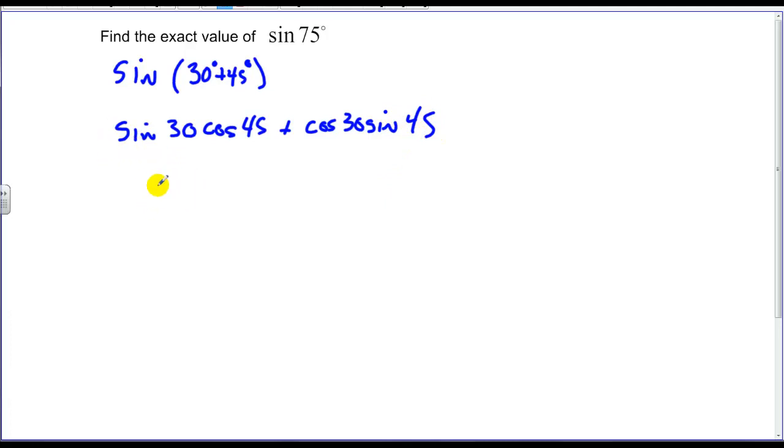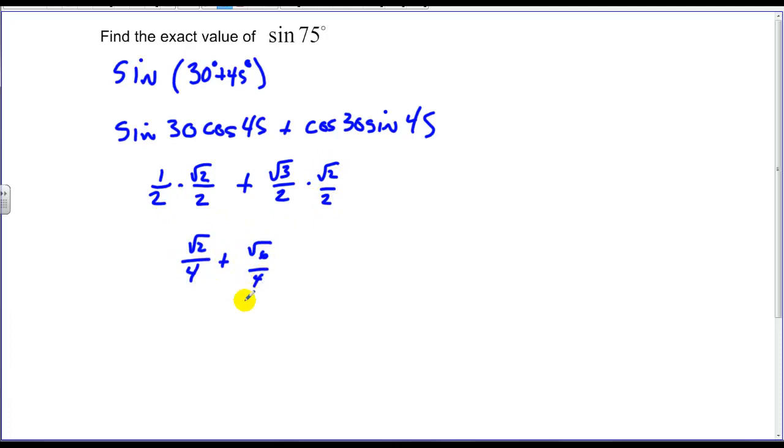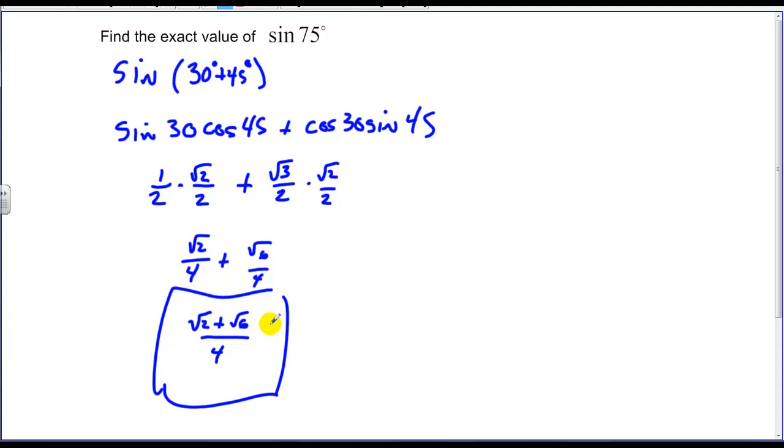Sine of 30 degrees is a half. Cosine of 45 is root 2 over 2, plus root 3 over 2 times root 2 over 2, we get root 2 over 4 plus root 6 over 4, which gives me root 2 plus root 6 over 4. And that's your exact value of the sine of 75 degrees.